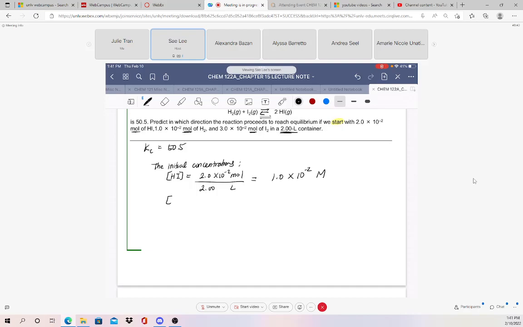The initial concentration of hydrogen is going to be 1.0 times 10 to the negative 2 mole over 2 liters.